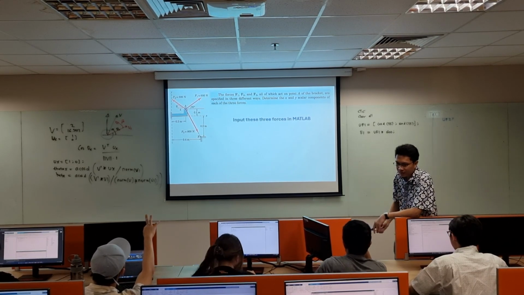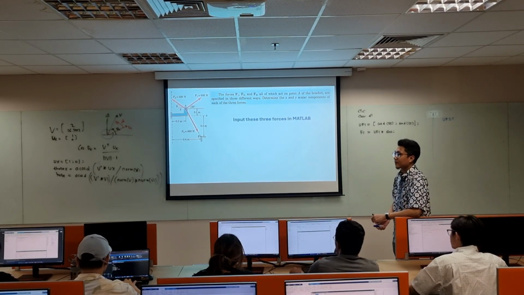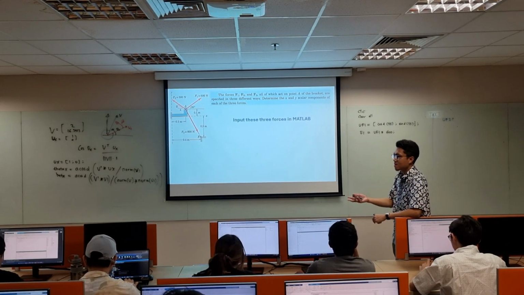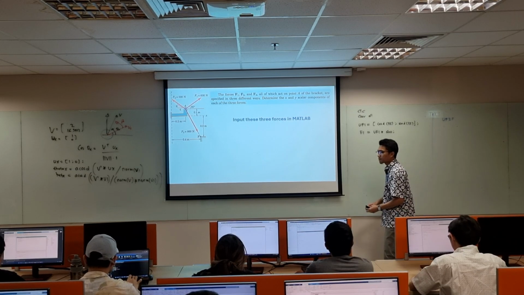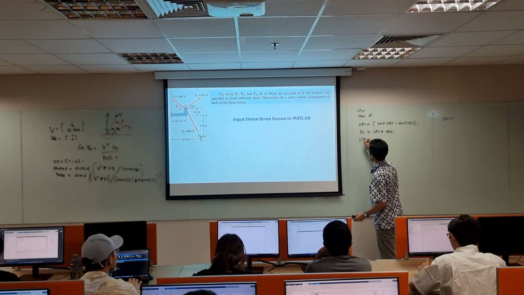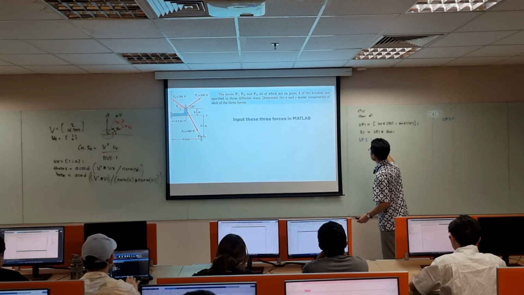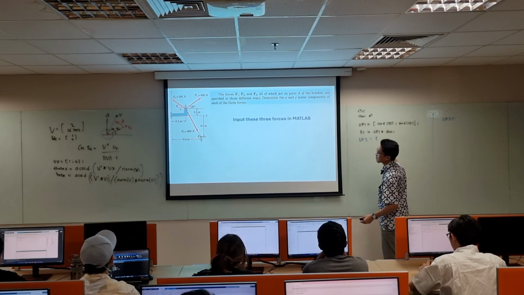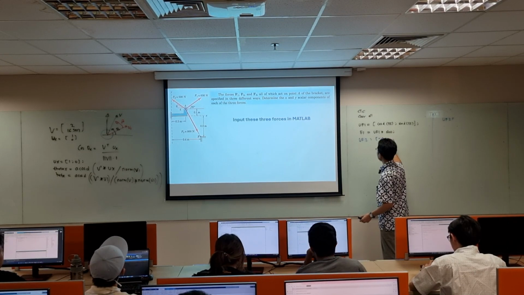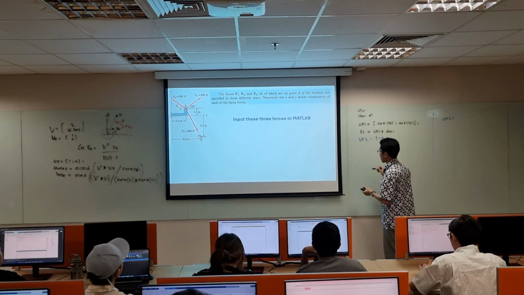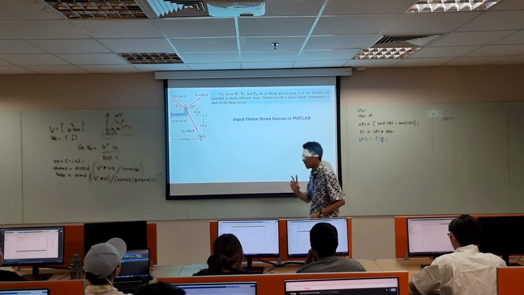That's wrong, because it goes to the left, the negative x-axis. It depends on how you define your coordinates. Minus 4 over 5. UF2 is minus 4 over 5 and then 3 over 5. No, let's not do that.